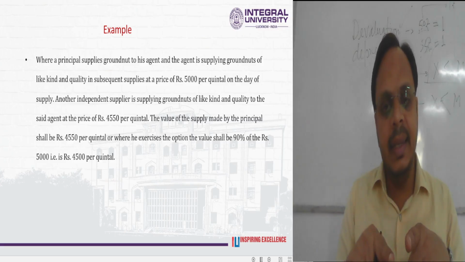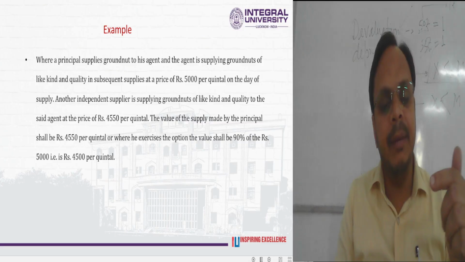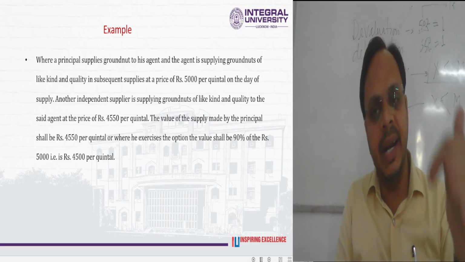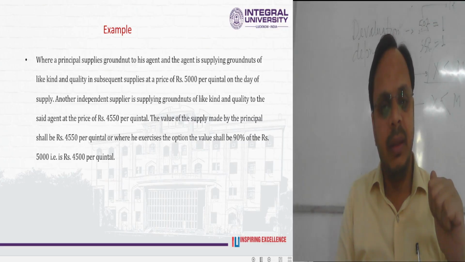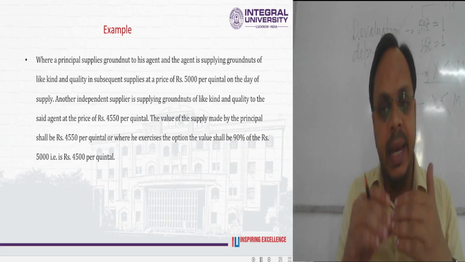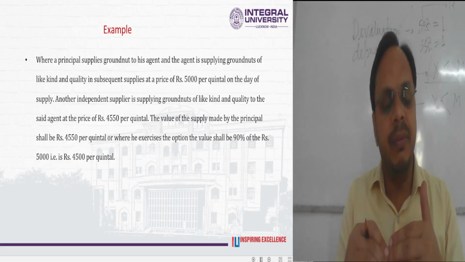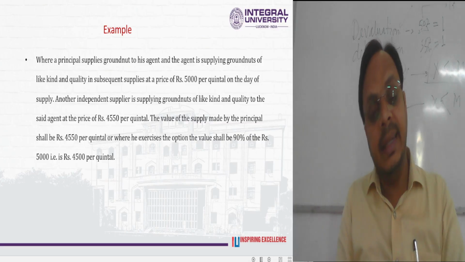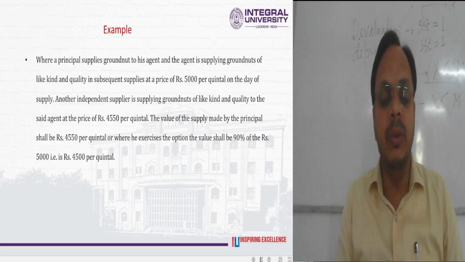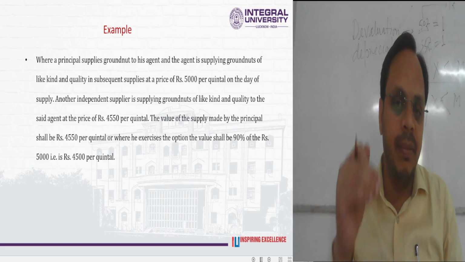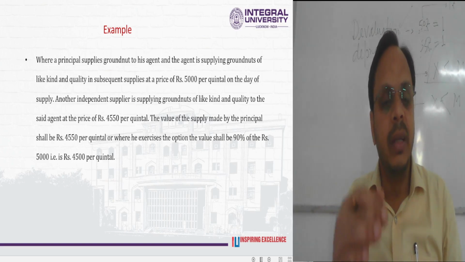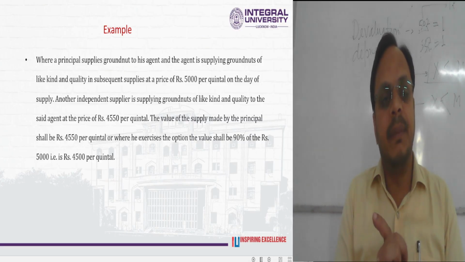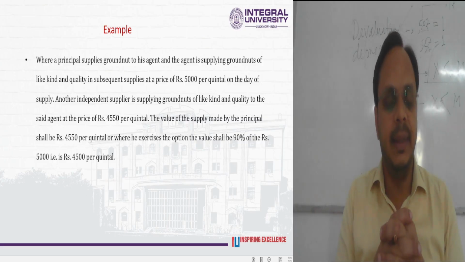So in this case, the value of the supply made by the principal shall be 4,550 per quintal, or where he exercises the option, the value shall be 90% of 5,000, meaning 4,500 per quintal. So it will be the value of the supply of groundnuts.